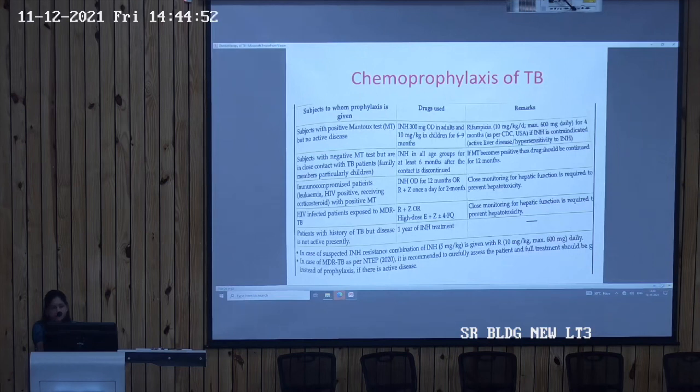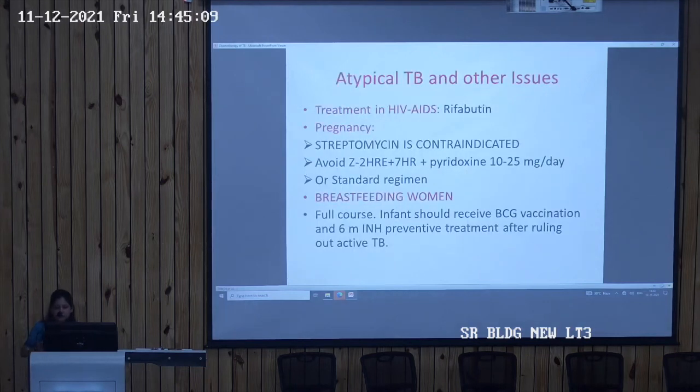So the first drug you will choose is isoniazid, 300 milligram once a day. If it is not working, rifampicin is the second alternative for prophylaxis. And the rest you can see, I will not go much into this.